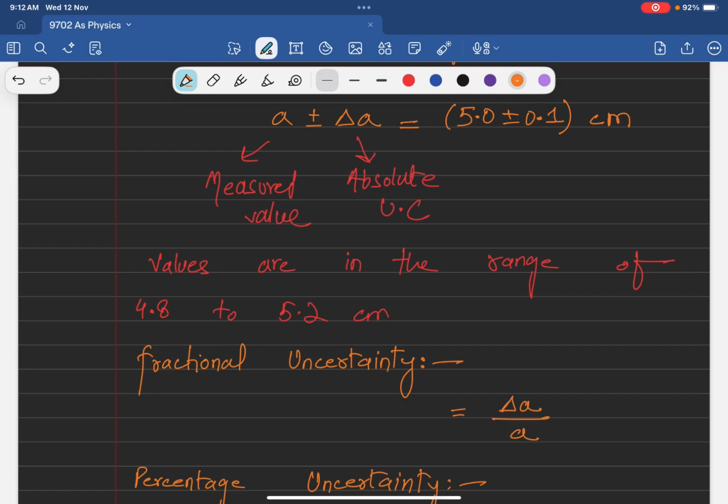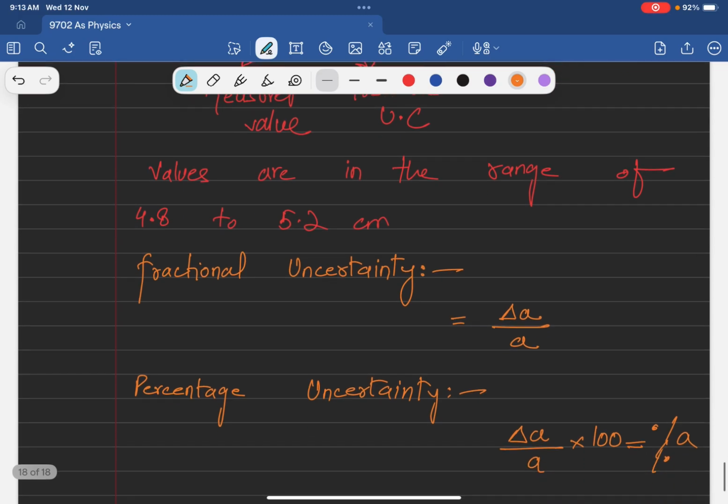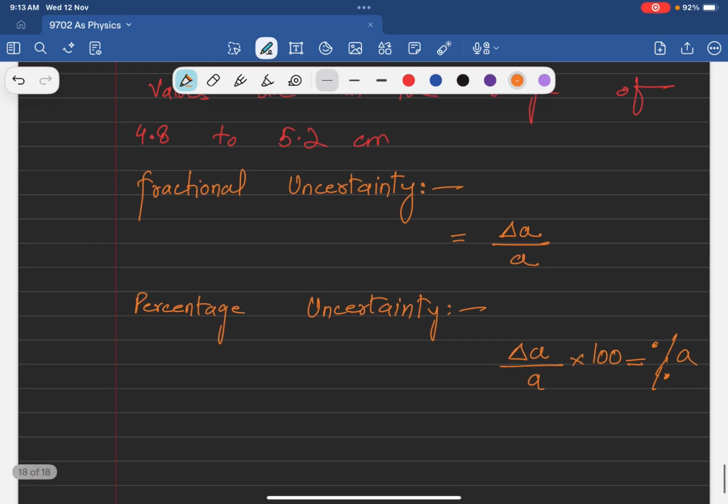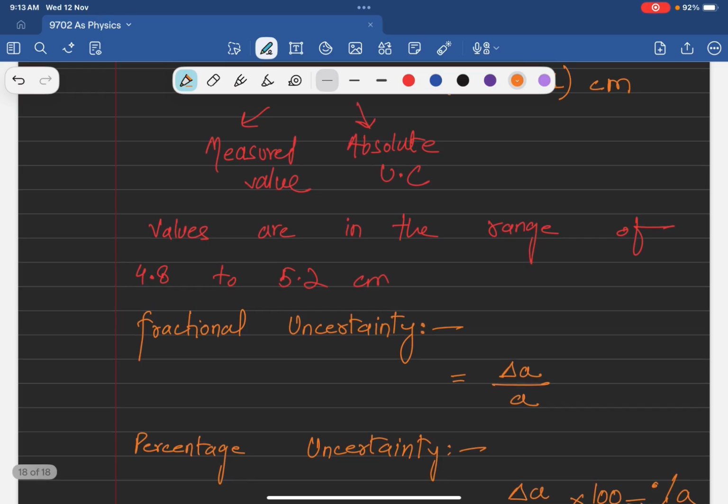And if I want to find how big or how small my uncertainty is in terms of a measured value, we will simply find the fractional uncertainty by dividing the uncertainty by the measured value. And if I want to state it in percentage, we will simply multiply that fractional uncertainty by 100. So that is how we state these three different types of uncertainty.